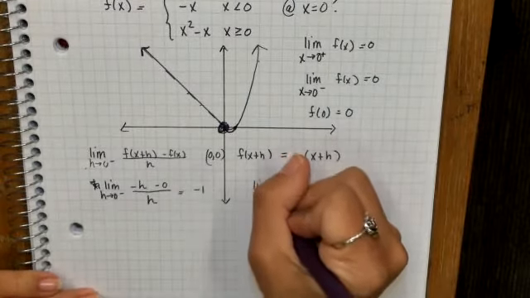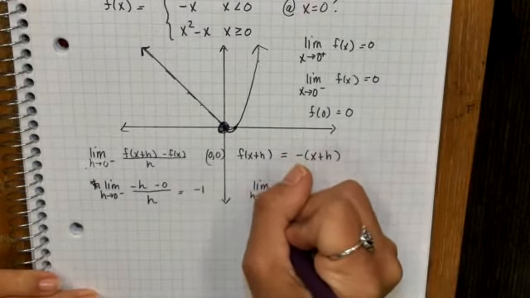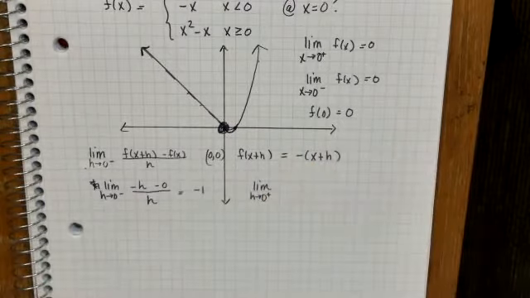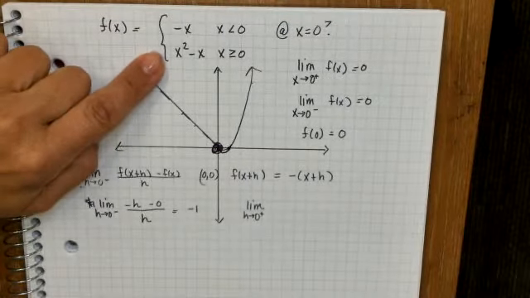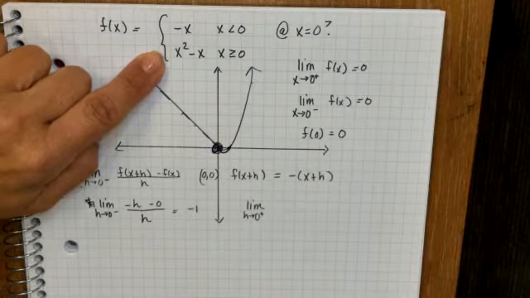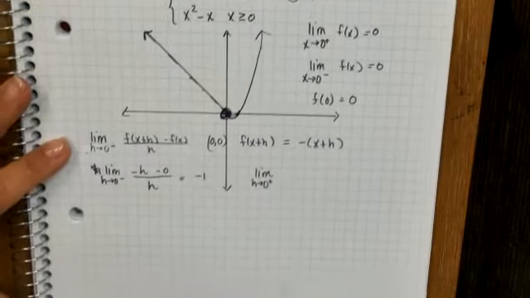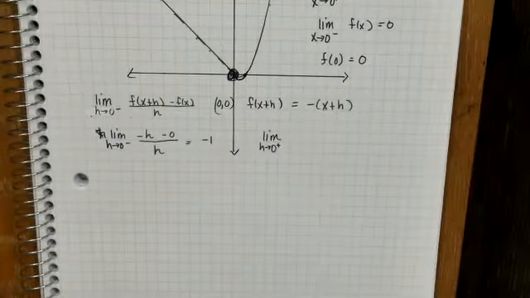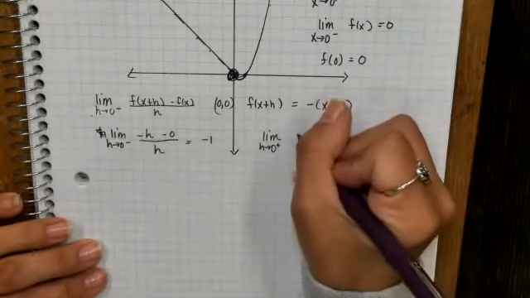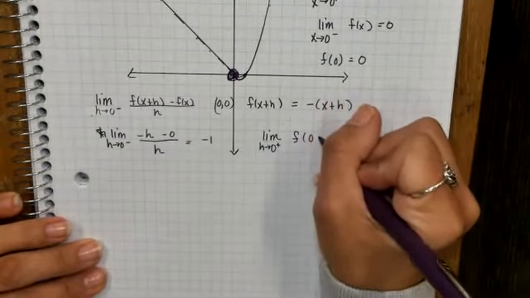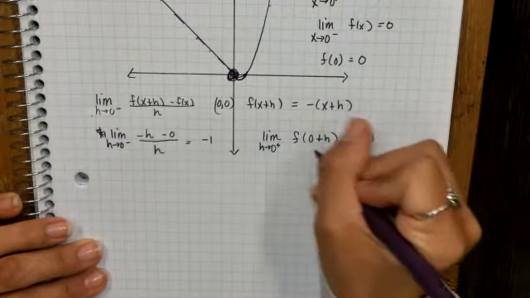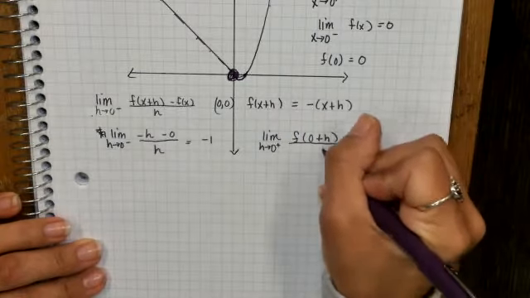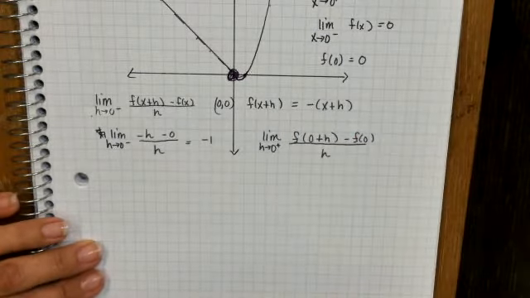Let's do the limit as h approaches 0 from the right. So from the right, the equation I'm going to use is x squared minus x. So this is going to be the f of x, which is 0 plus h, minus the f of 0, which we already know, all over h.